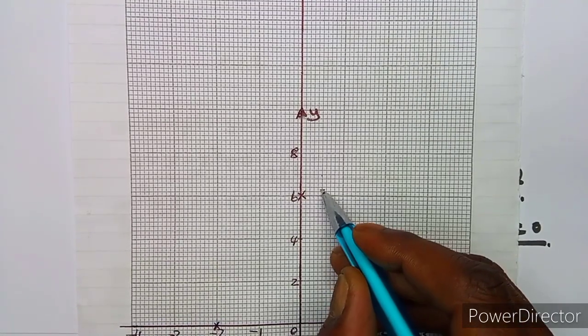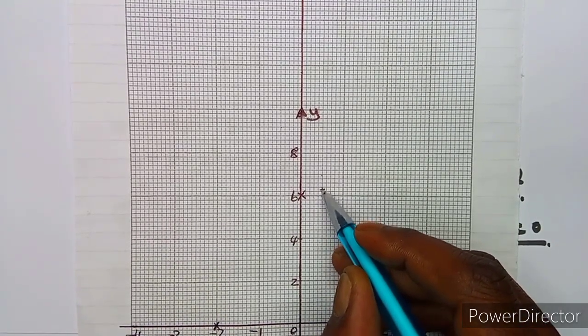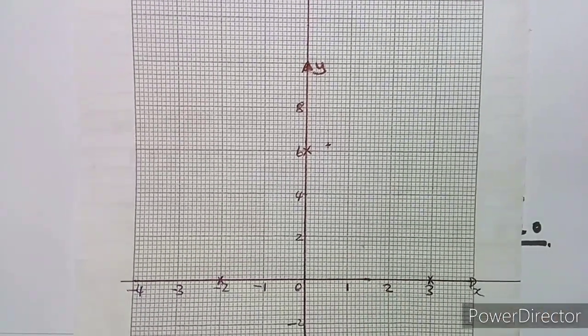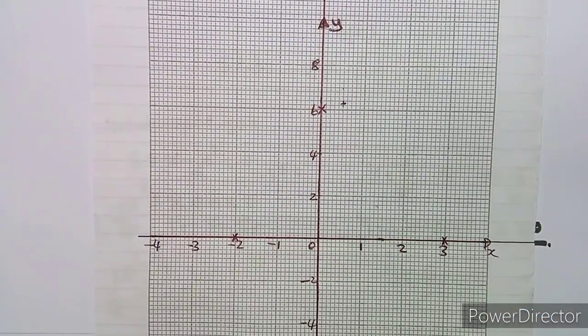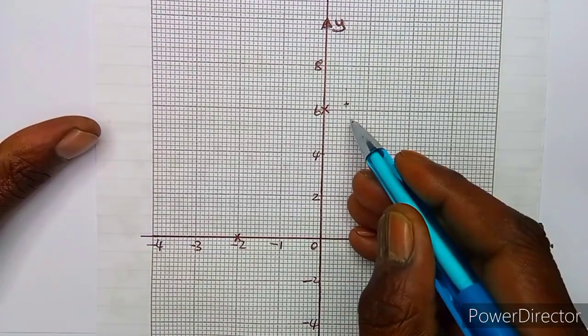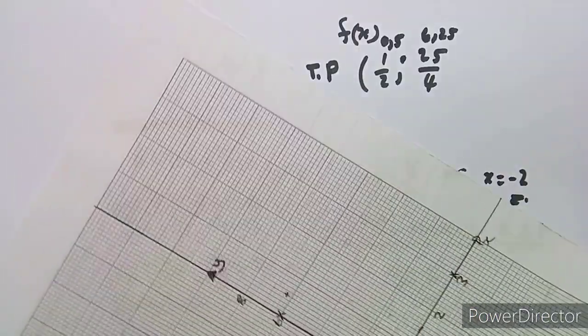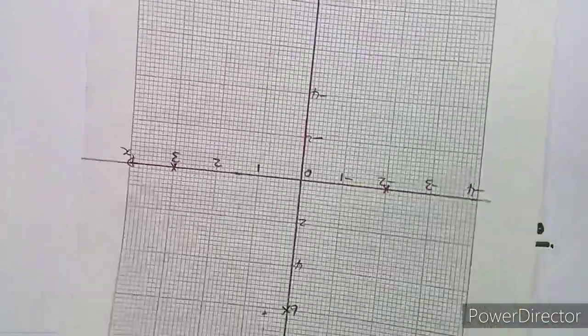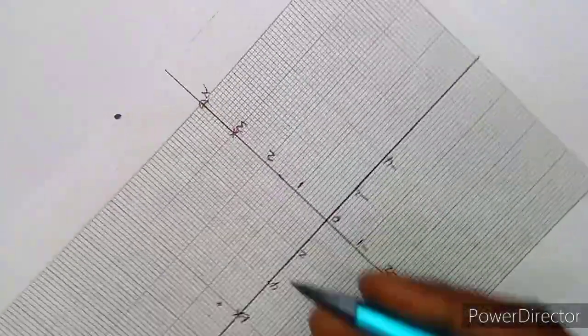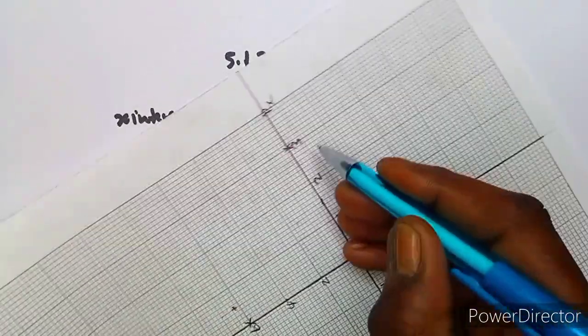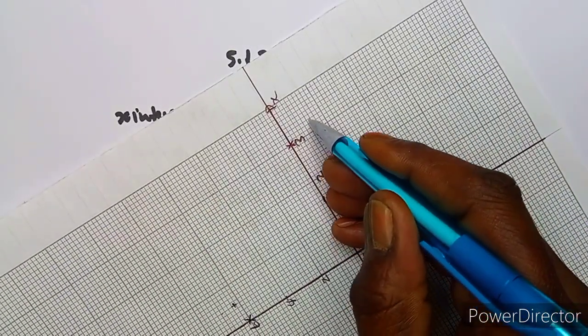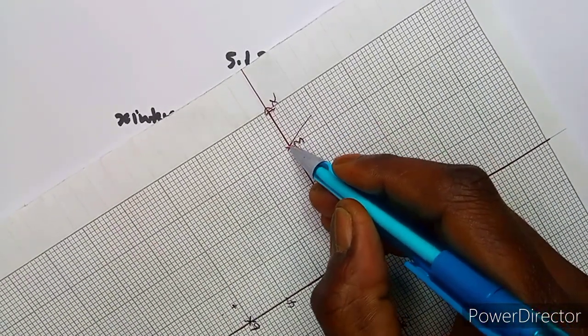So what you just do, you mark in a way that you understand according to the scale that you have been given or that you have drawn. Okay, then you smoothly join these points so that we can at least have a curve. So actually it's not something much, guys. This is just for you to be aware of what you're having.